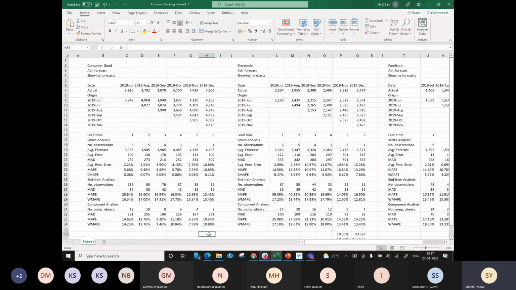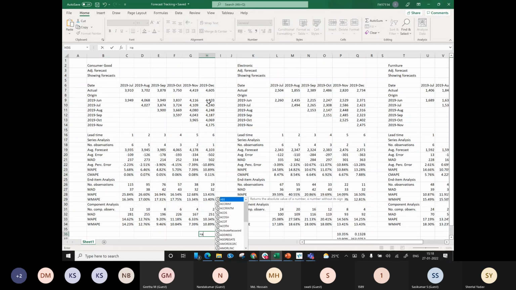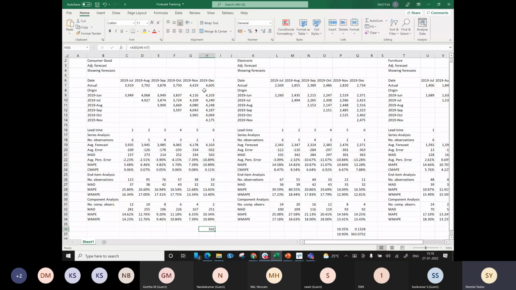I'll take it with a lead time of 6. In lead time of 6, this is my forecast, because with June actuals, I had forecasted for December. So that's my lead time 6. And this is my forecast and this is my actual. So that's the absolute difference that I have.